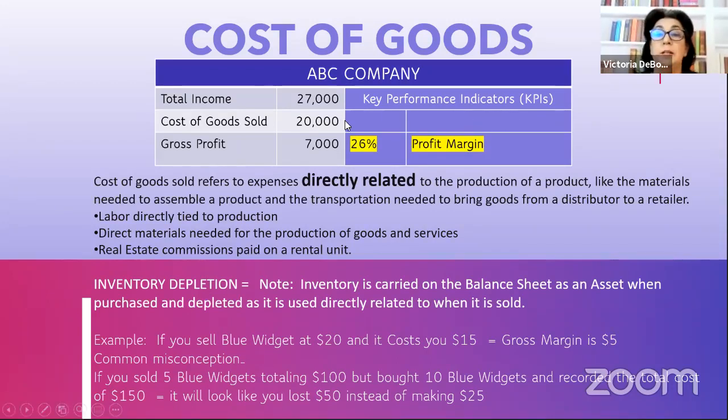If you're selling a specific kind of t-shirts or different types of products, you may look in the industry and say, okay, what are the profit margins that other companies are making on this product? So that it gives you an idea that you're pricing your product either higher, lower, or the same as other products in the market.